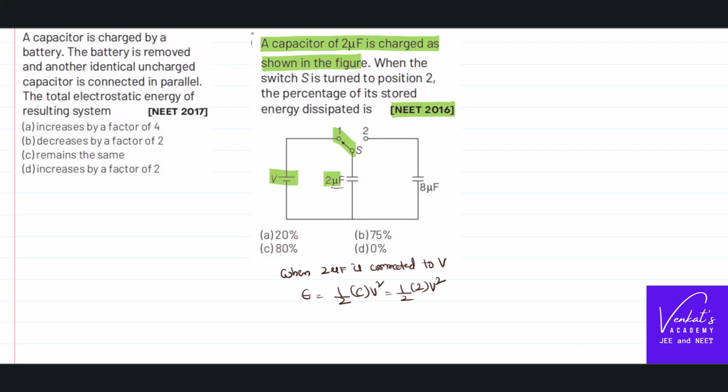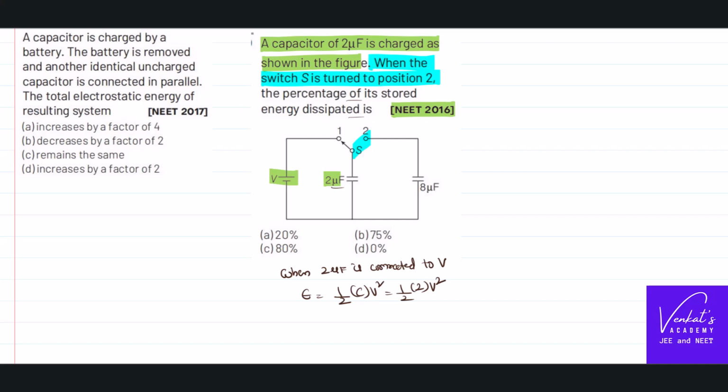Further it is said, when the switch is turned to position 2, what does it mean? This is removed and it is now connected to this. What happens? The percentage of energy dissipated is asked.